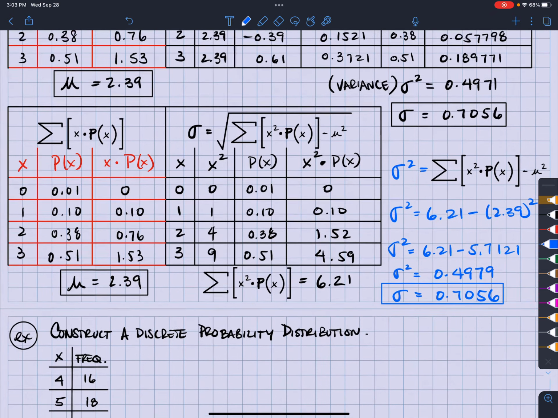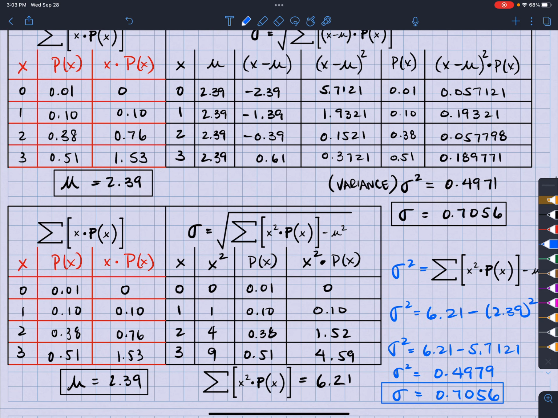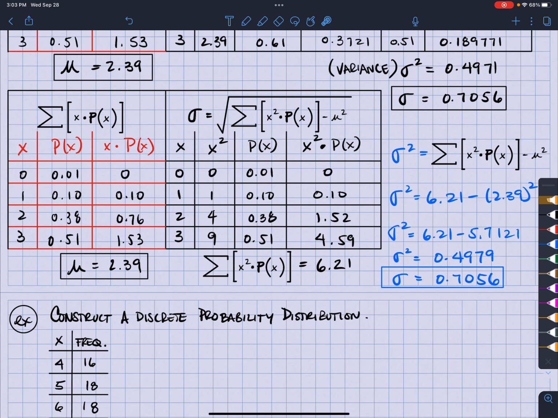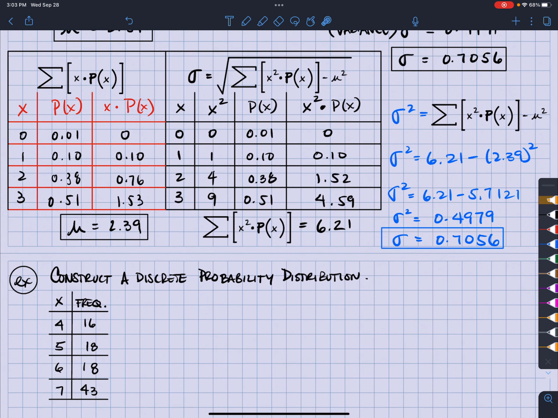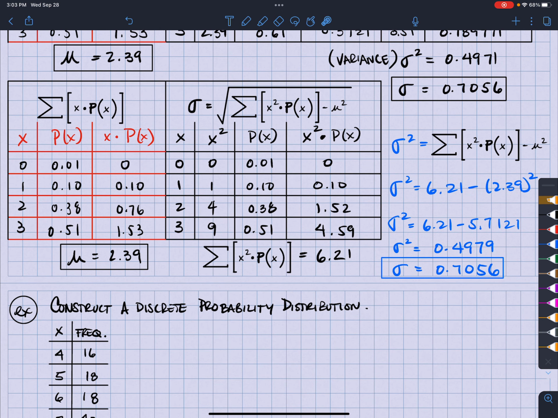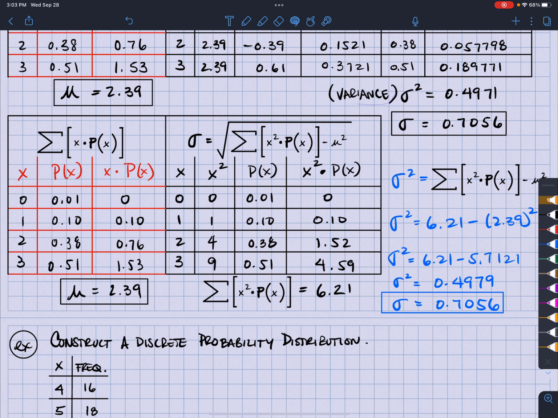Okay, so it doesn't matter which way we do it. The question is, which way is better for you, right? Which way do you prefer? That is totally up to you. I'm just going to move this around so that you guys can see. Variance equals this.